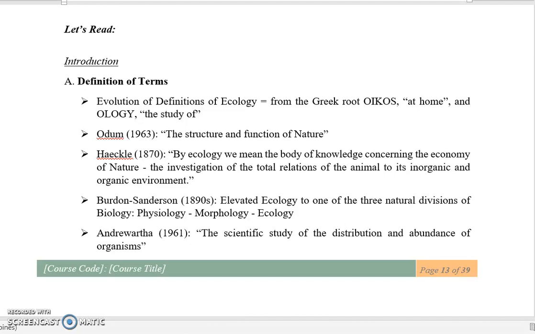Now again, as continuation, Burdon Sanderson in 1890s elevated ecology to one of the three natural divisions of biology: physiology, morphology, and ecology. So in the past centuries, researchers and scientists had these pillars of biology, like physiology and morphology.